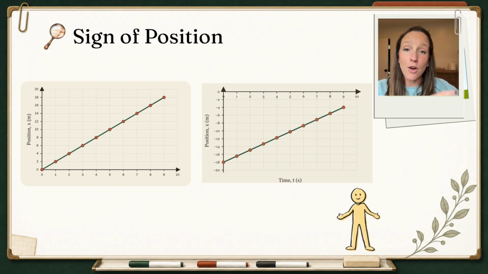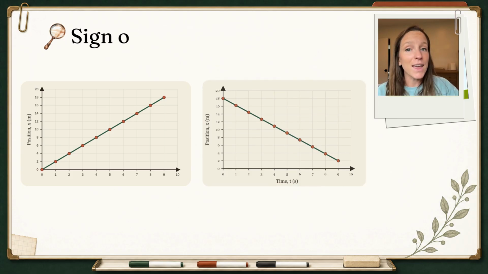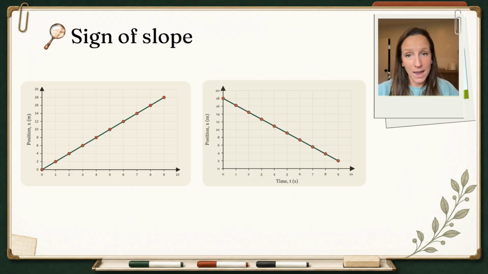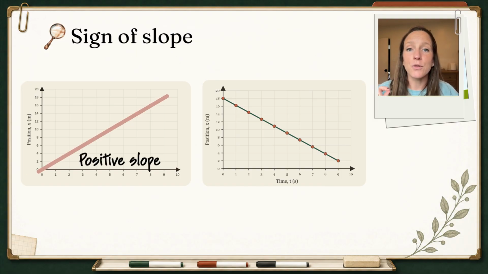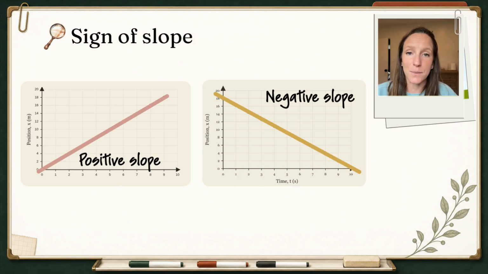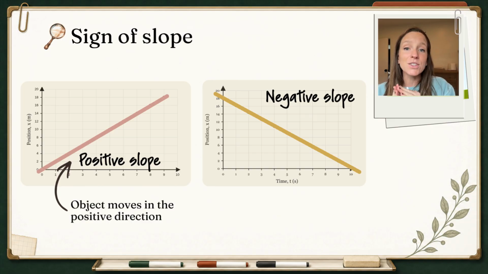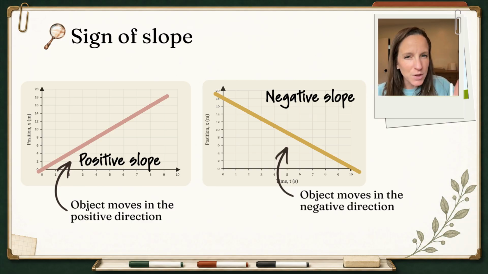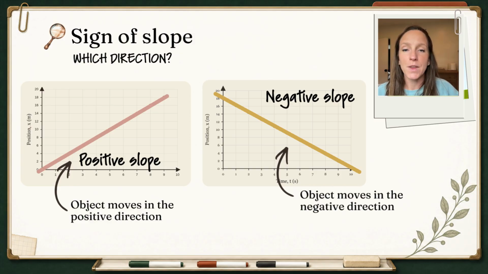And direction of motion, aka the direction of displacement or velocity, can be positive or negative. But to find the direction of motion and to find the sign of velocity, we have to again look at our slope and see, is our slope positive or is the slope negative?